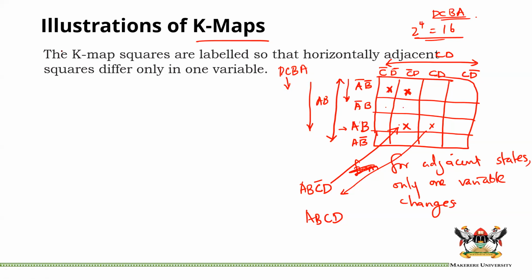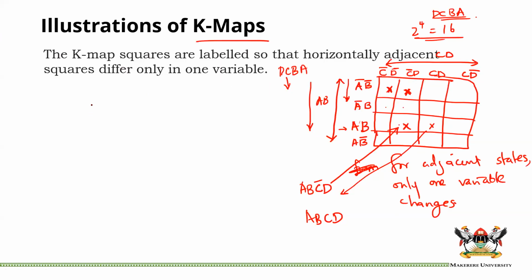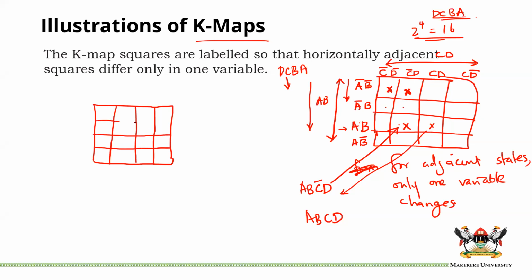Now let me also draw another one here that I again want to use to explain another. So I've started with the big map, which is the biggest map that we are going to be working with. But actually the concepts hold for the smaller maps that we're about to see in a moment.